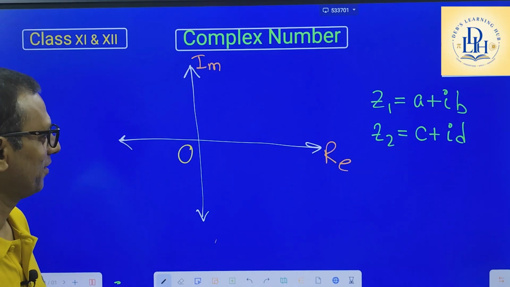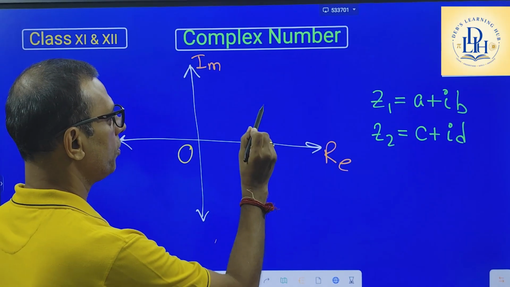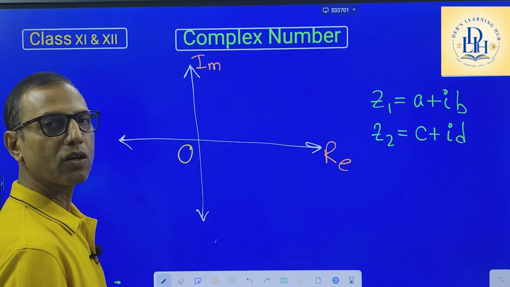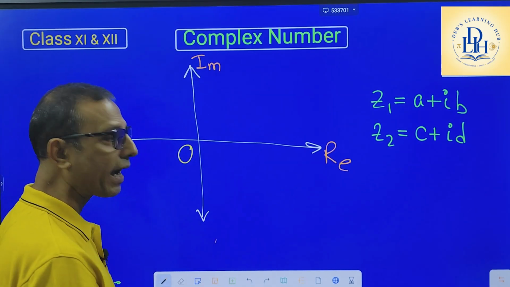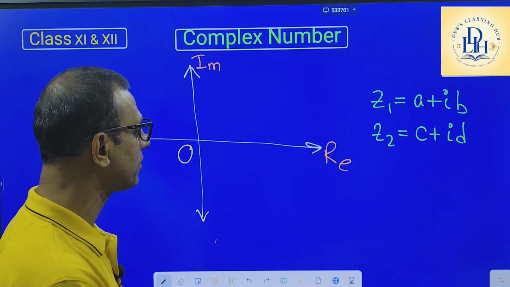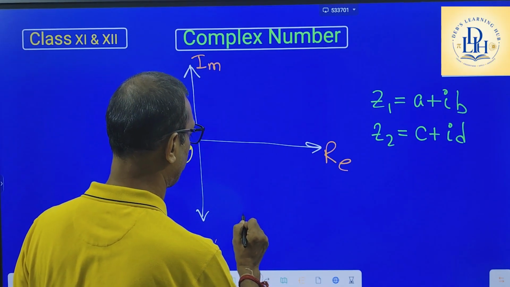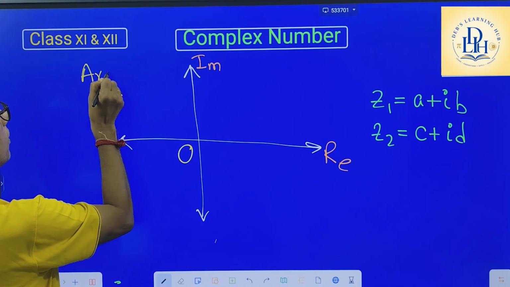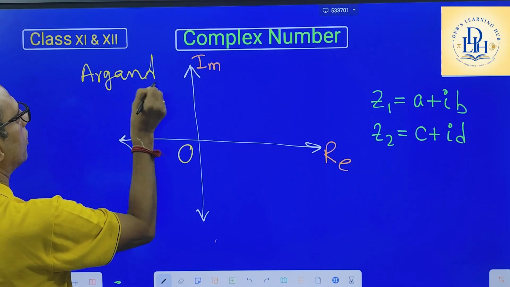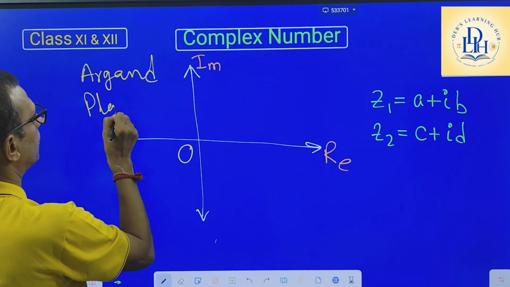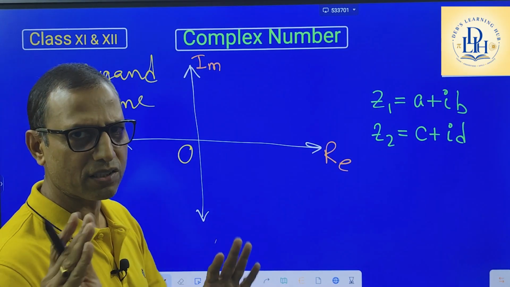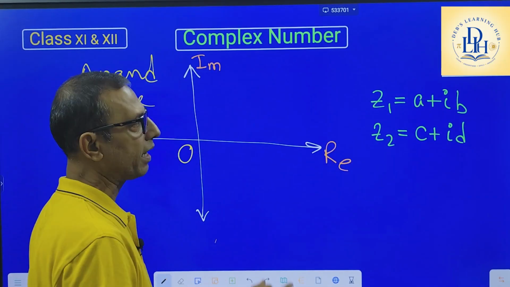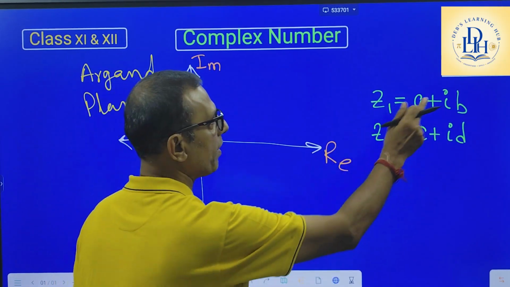See, very interesting. Now you will first plot these two numbers in the complex plane, and this imaginary plane is also termed the Argand plane. Just remember this term. Now z1 is a plus ib, that means the real part is a, the imaginary part is b.